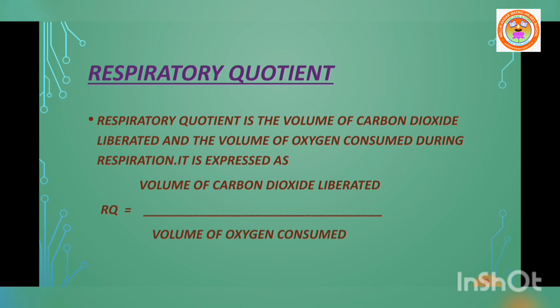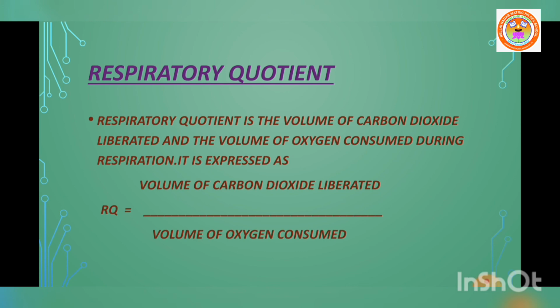So we discussed two different types of respiration, aerobic and anaerobic respiration. Before that, external respiration and cellular respiration we already discussed. Cellular respiration is divided into aerobic and anaerobic respiration.